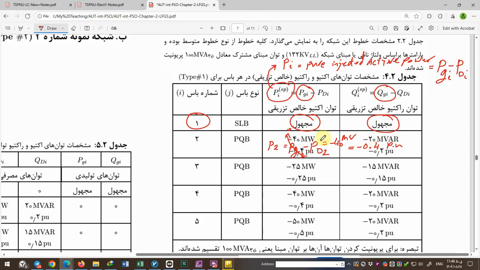The pure injected active or reactive power of all PQ buses is negative because there is no generation and only demand makes this number negative.